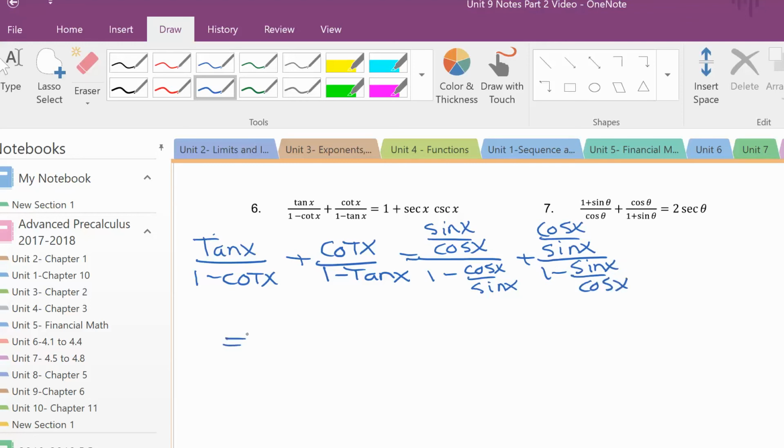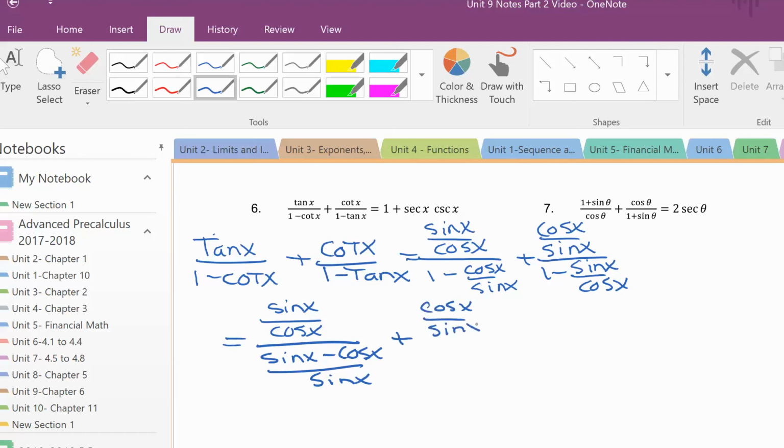So then when I get a common denominator for the denominators, it's sine over cosine over sine minus cosine all over sine, plus cosine over sine over cosine minus sine over cosine.